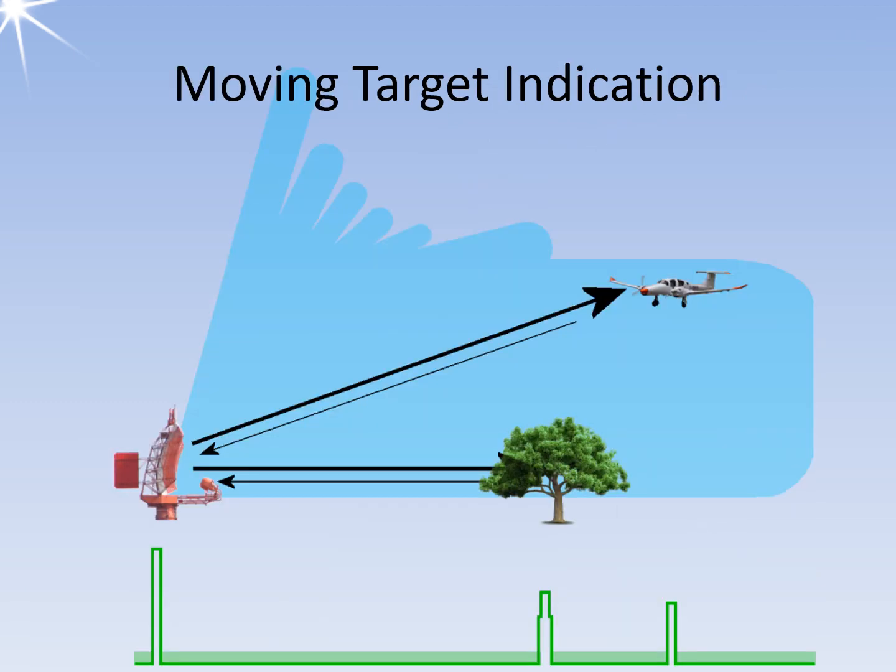An important function in a radar set is the suppression of fixed targets, or the moving target indication, MTI. Not only aircraft but also every tree, every mountain, and every house generates an echo signal. At a larger distance, such fixed targets disappear behind the horizon, but at close range, they form a disturbing backdrop, so-called clutter.